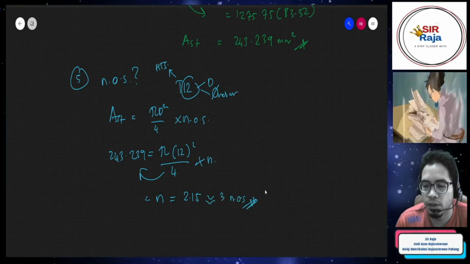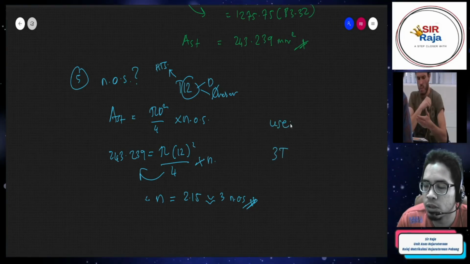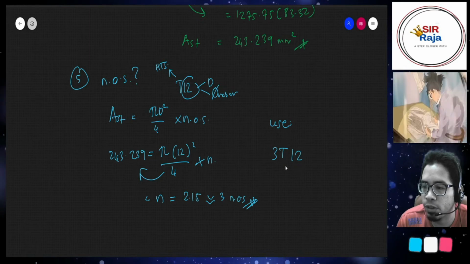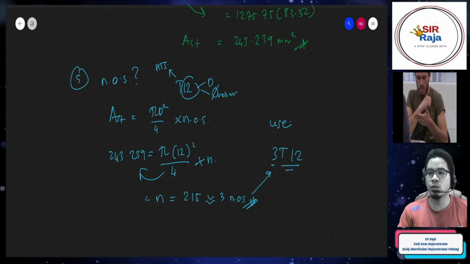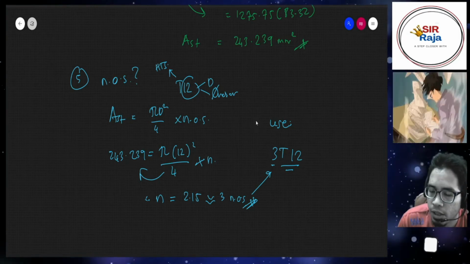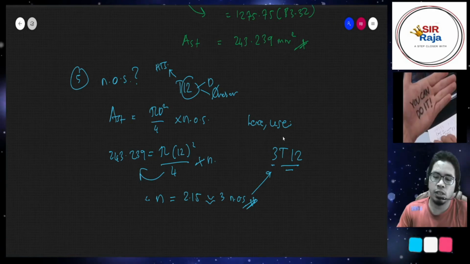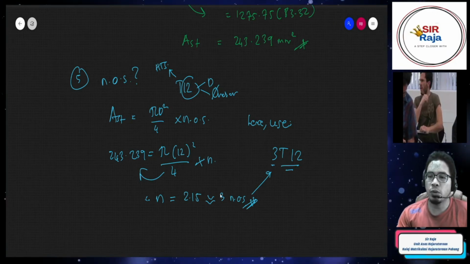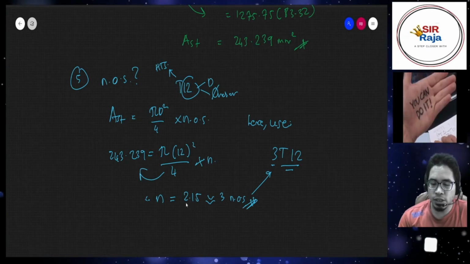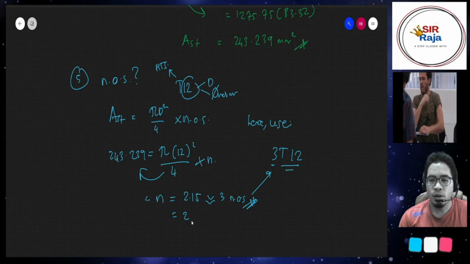Your final answer should be: use 3T12, meaning that we have 3 rebars. This is not just a simple round off, because if you round off, you're gonna get 2, but not 3.